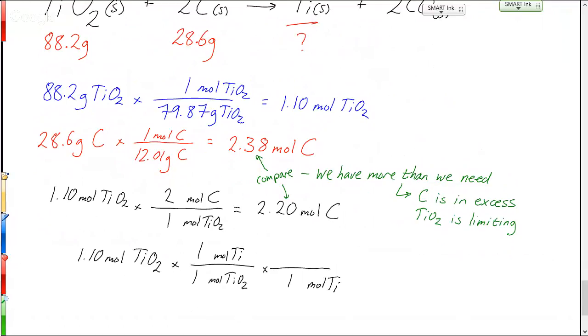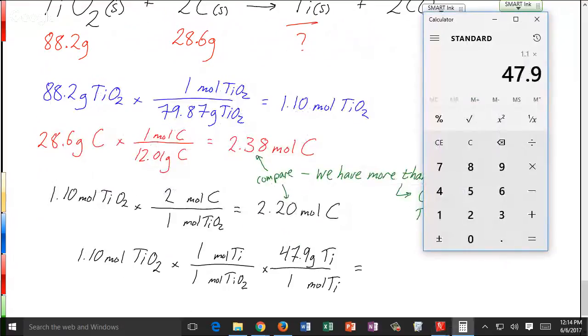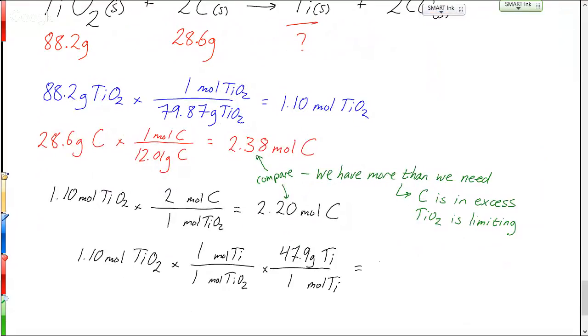So it's 47.9. We should end up with 52.7 grams of titanium. Is that what you got?